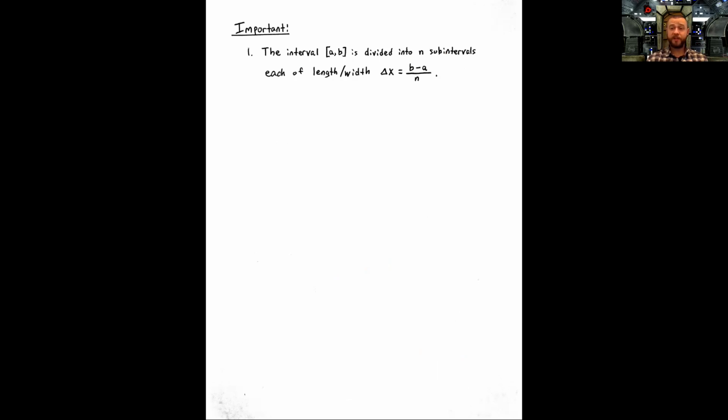There's ways you can do this in higher level mathematics courses where the rectangles don't have the same width. We're not going to be looking at that. So in all of our questions on approximating area using rectangles, each rectangle will have the same width. We can calculate it: the total length of the interval, divided by the number of rectangles that we're using.